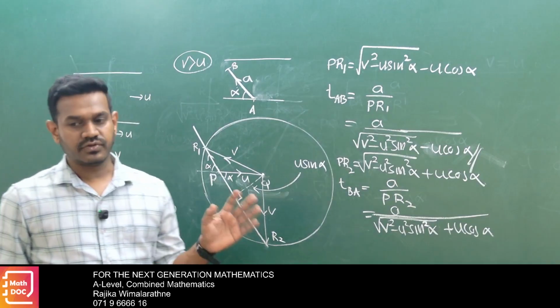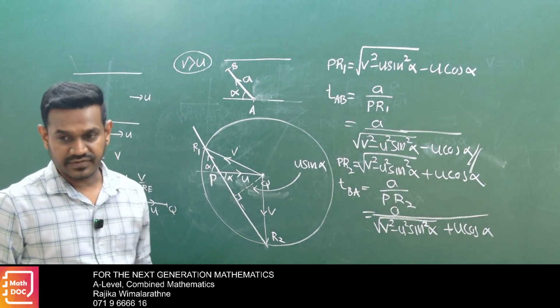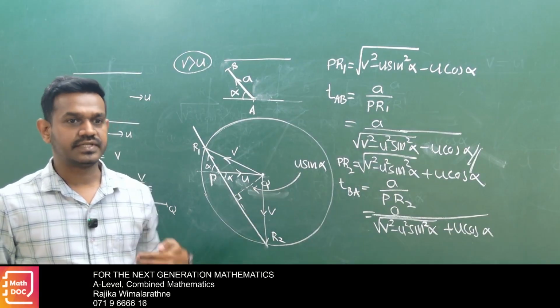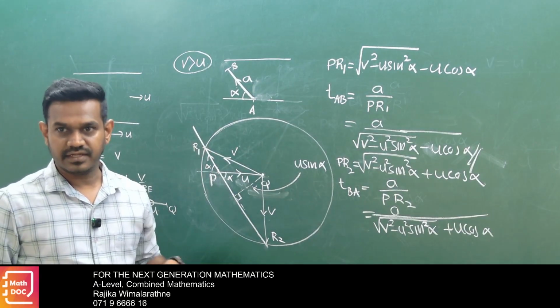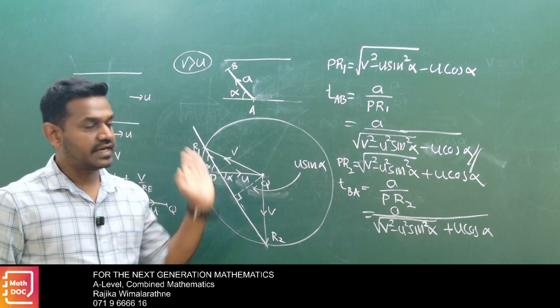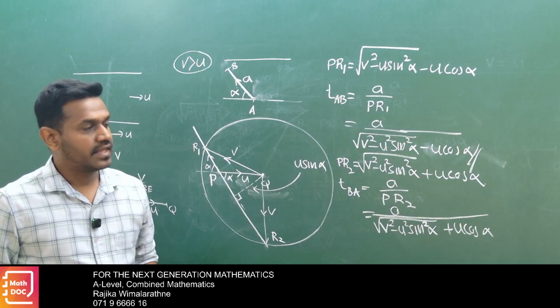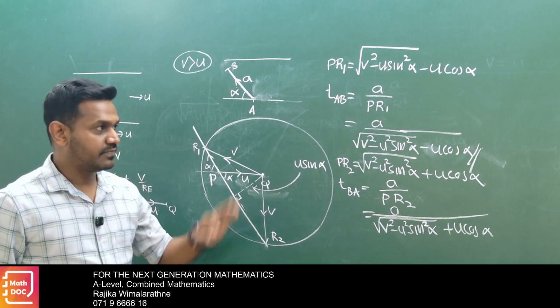Then we know how to move in any direction in the river, no? Downstream, upstream, perpendicular to the bank and back. Then any angle downstream, any angle with upstream, and come back. That's how we analyze. This is a very important thing.